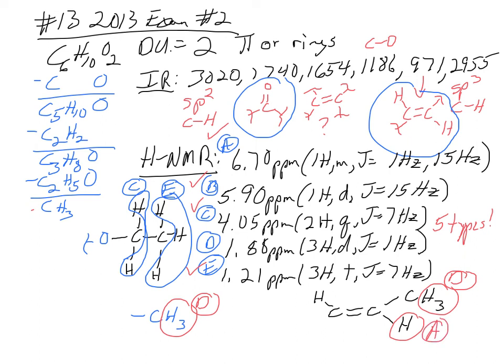So now what do I have left to put on here? I have how many pieces left? Okay. I've used this piece. I've used this piece. I have this piece left and this piece left. So there's only one way I can do it, right? Which is the only way I can do it. I have to put the C double bond O here and put the O, the CH3 over there. Right, it's ugly, I know.